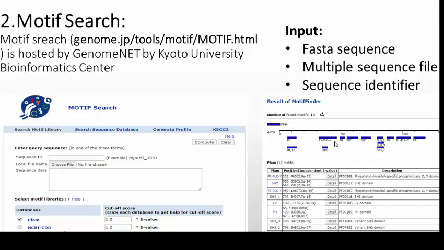Again, similar to the PROSITE output, this database is also finding motifs as well as the descriptions and the sites inside query sequences.